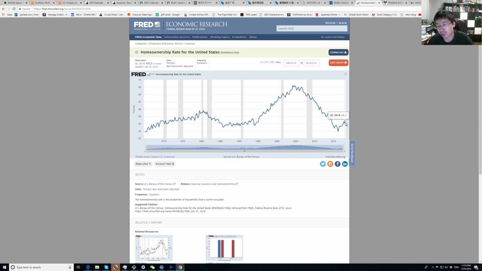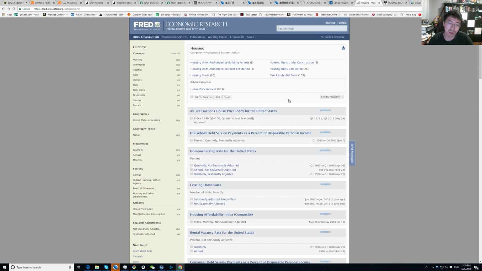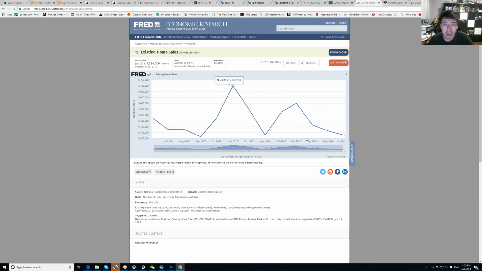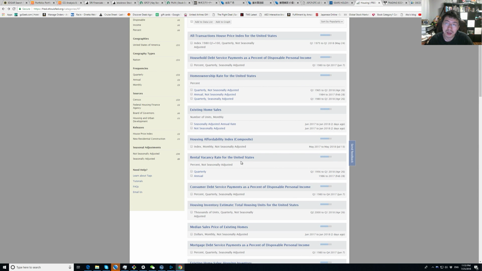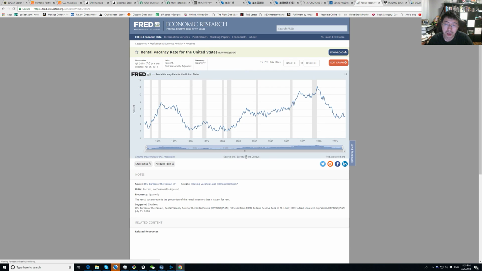So do we have more space to go up or down? I think more space to go up, which is why I bought LGIH. But this is one of the reasons, and you can also look at things like existing home sales, and this one doesn't go back that far, unfortunately. So some of the data isn't too long ago, but this one, rental vacancy rate.